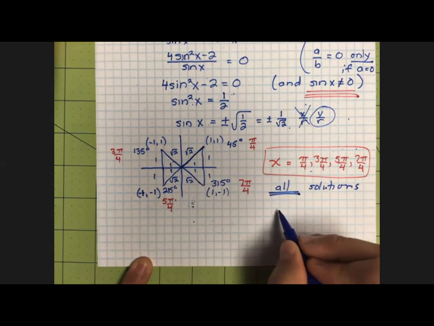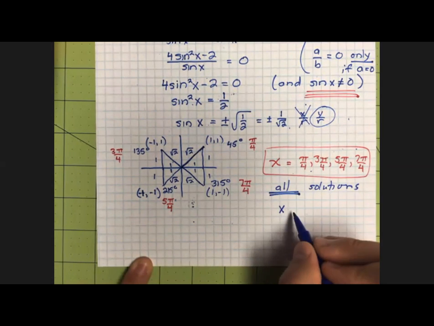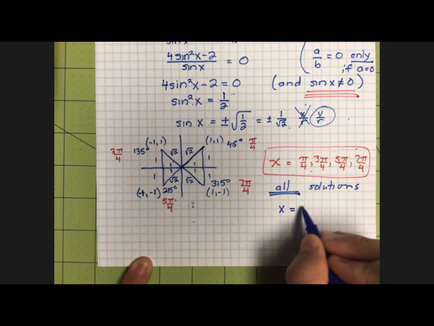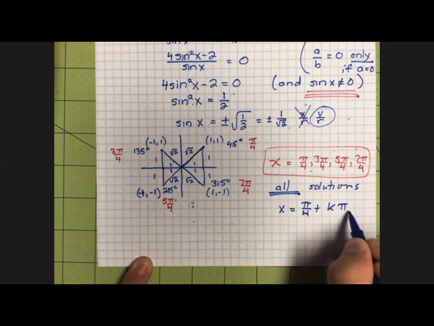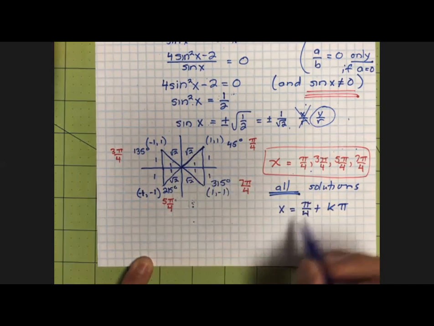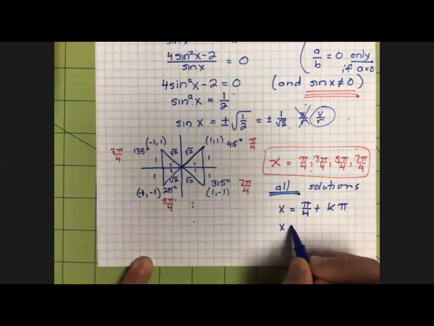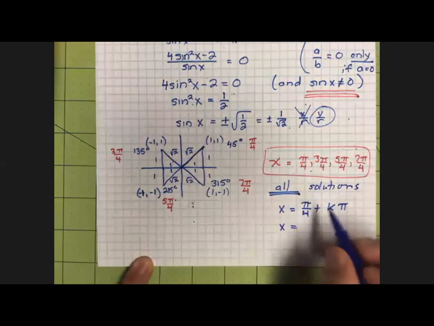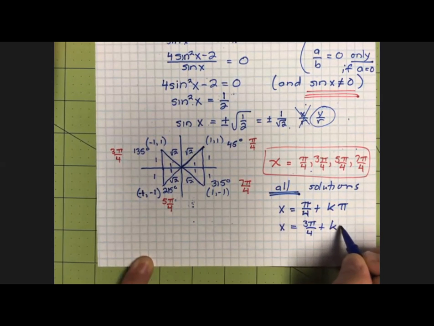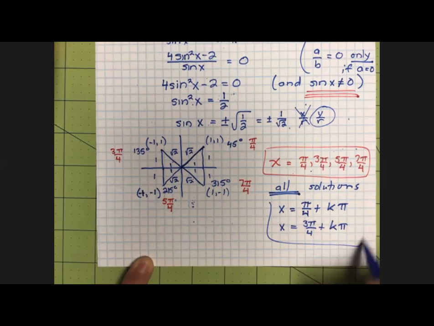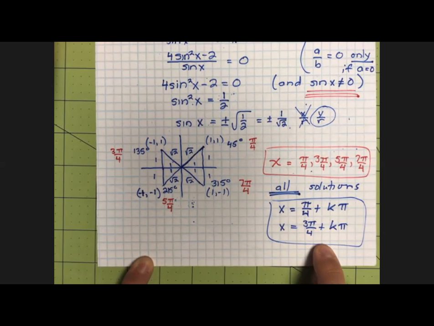In other words, you could cover all 4 of these and all their multiples by saying pi over 4 plus k pi, because pi is halfway around, or 3 pi over 4 plus k pi. So that'd be one way to present all solutions without a lot of writing. If you said plus 2k pi for all 4 of these, go ahead. It's not wrong, just extra writing.